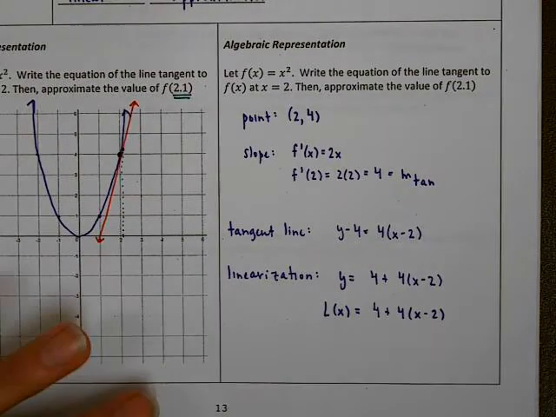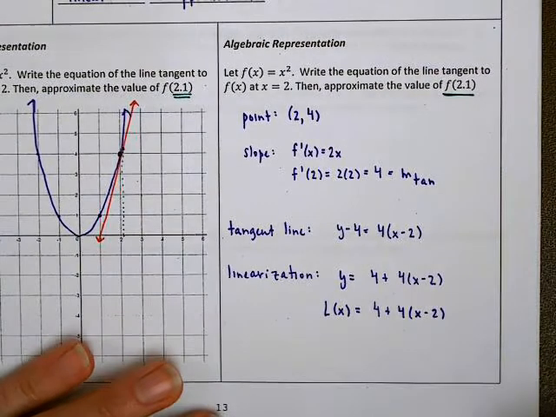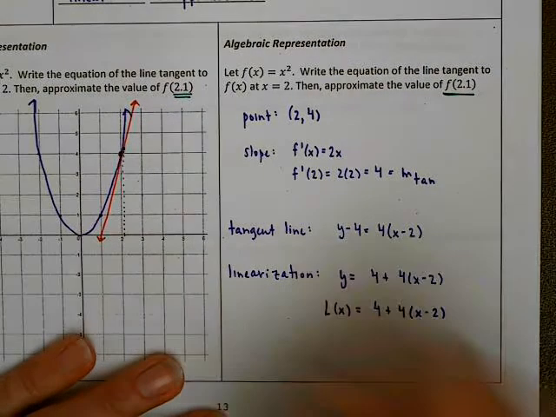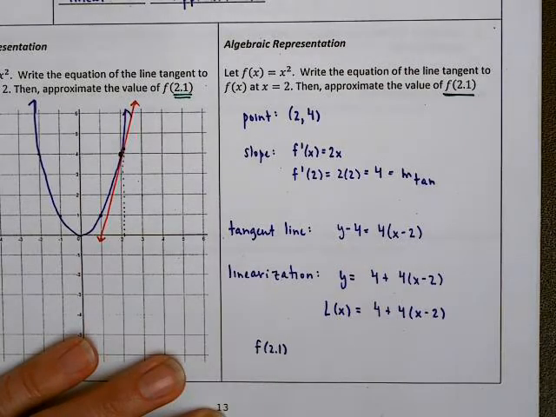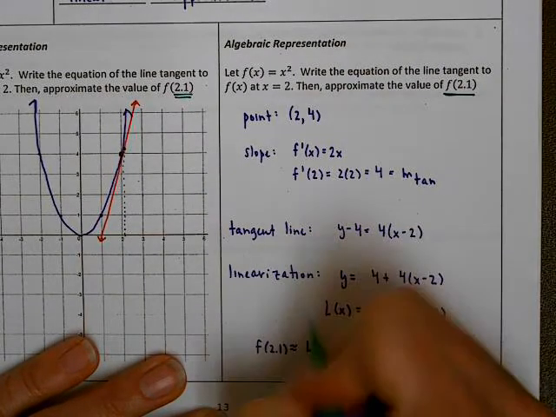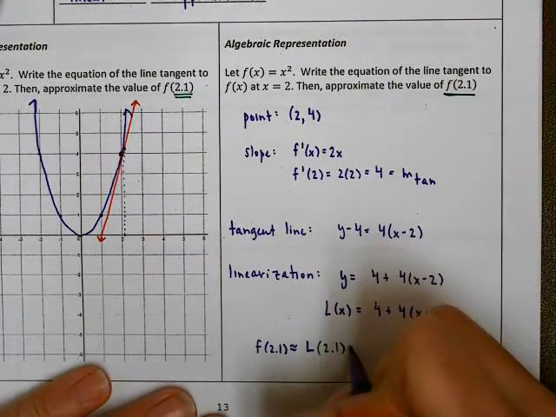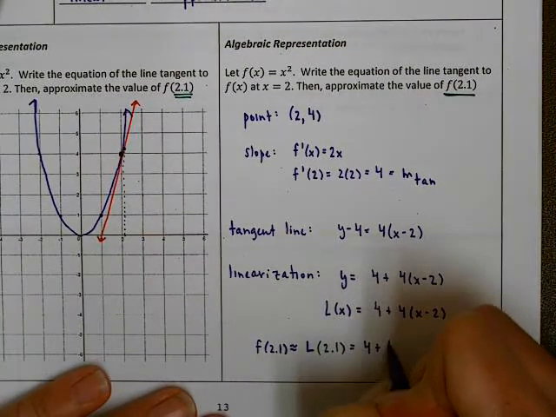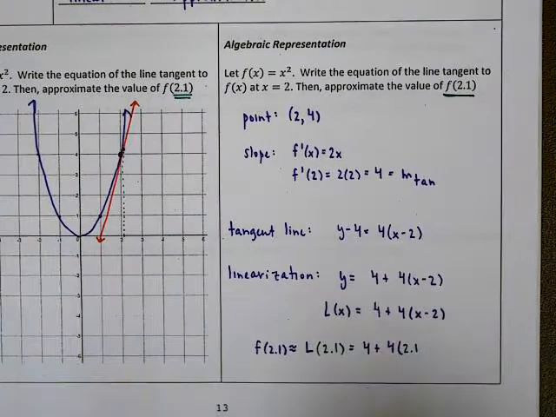So now if I want to approximate f of 2.1, I know that f of 2.1 is approximately L of 2.1, which means I'm just going to substitute 2.1 wherever I have x.